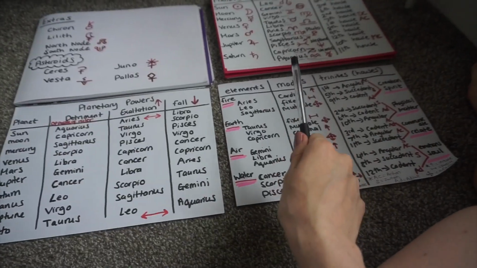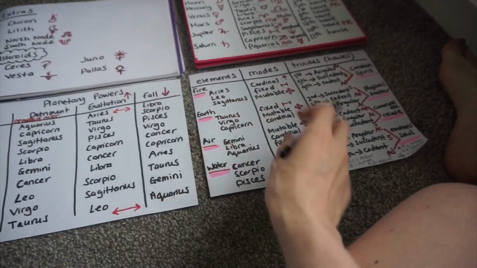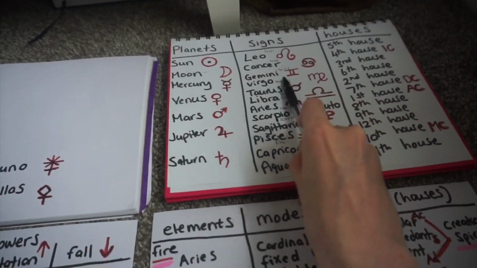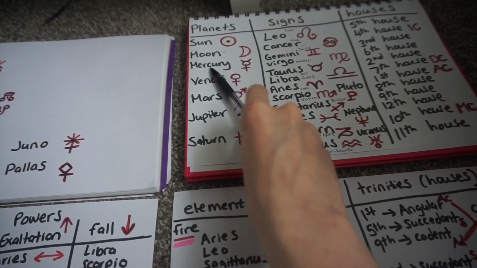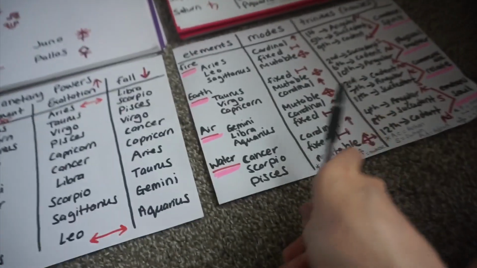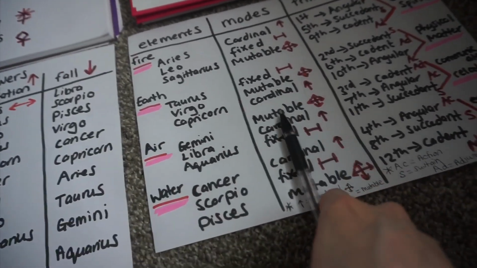So back to our paper. I said that Gemini is ruling the 8th house. Now we look to see Gemini is firstly up here. We can see that its symbol is the twins. It's ruled by Mercury. And then we go down here, we can see that Gemini is an air sign. It's a mutable sign.